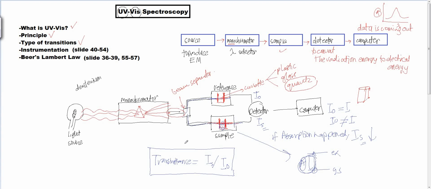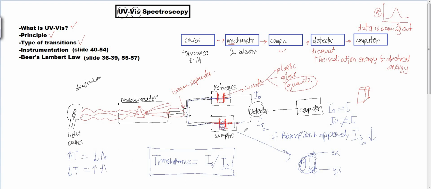Okay, so this is the correlation between transmittance and absorption. If you try to connect it, if transmittance is higher, automatically absorption will be lower. If the value of the transmittance is lower, the value of the absorption is higher.